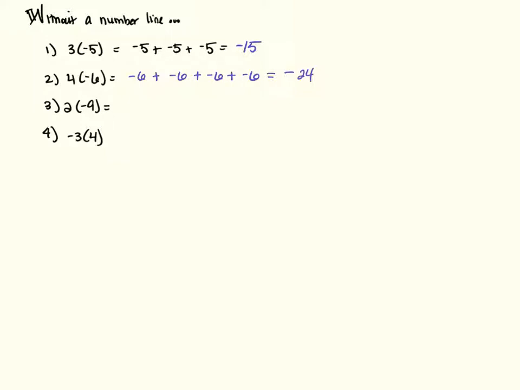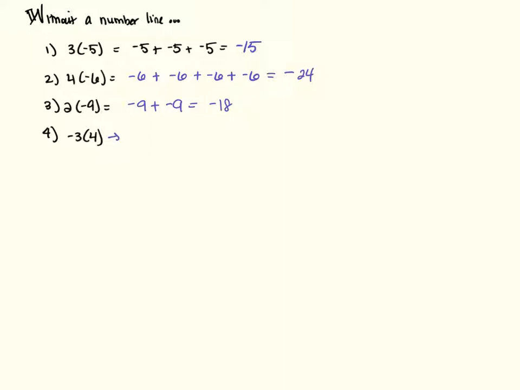Number 3, yes, I know you know what to do now. So you do 2 groups of negative 9. Notice that we're adding. This produces negative 18. Now look at number 4. Do you see any difference? Yes, the negative is first and the positive number is in the parentheses. But that's okay.